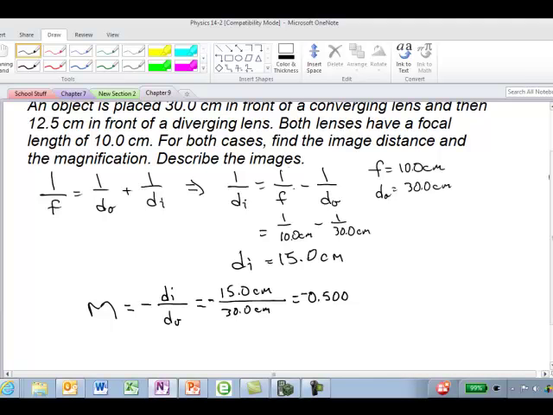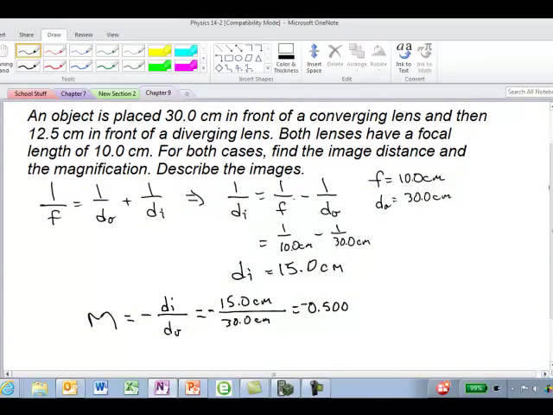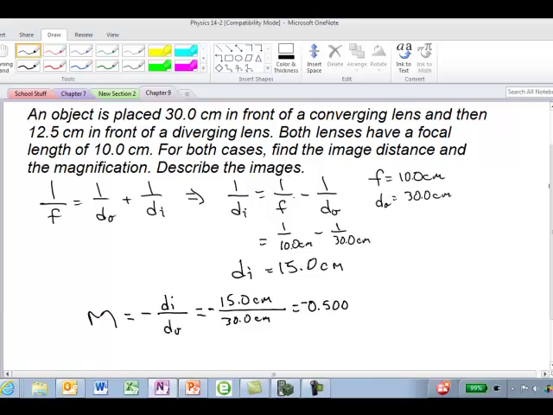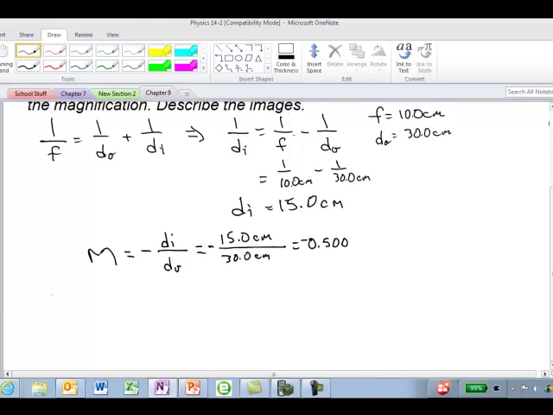So there we've taken care of our converging lens. Let's look at the diverging lens. The object is 12.5 centimeters in front of that. We still have the 10 centimeter focal length. So in this case, again, 1 over f is equal to 1 over dO plus 1 over dI. And again, we can write this as 1 over dI equals 1 over f minus 1 over dO.